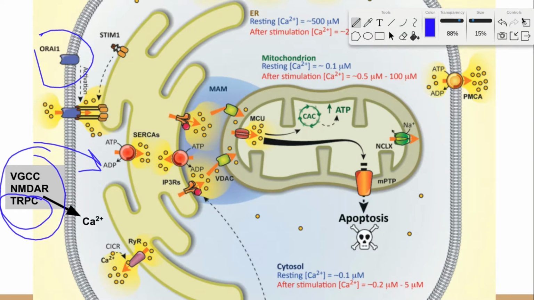One specific example that involves the activation of these TRPCs is the activation of TRKB receptors by BDNF. So TRKB is the receptor for BDNF, and this recruits phospholipase C to the membrane, where it cleaves PIP2.